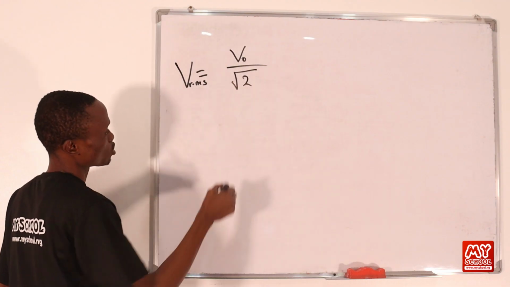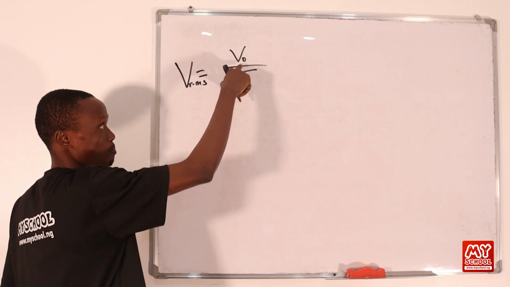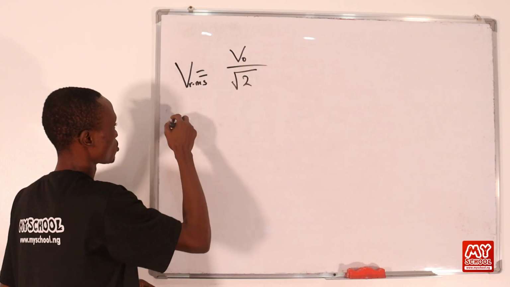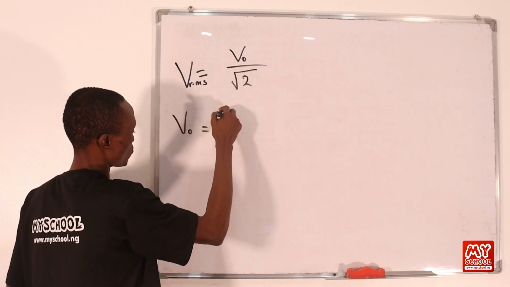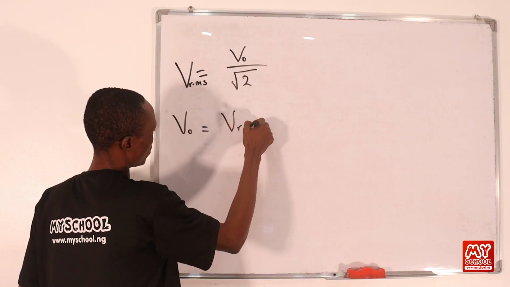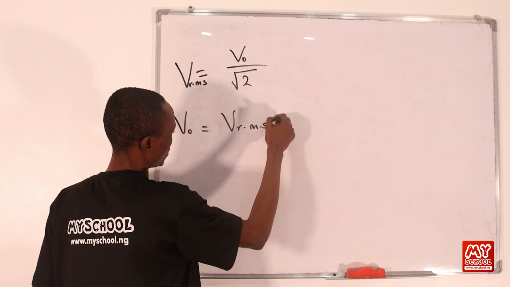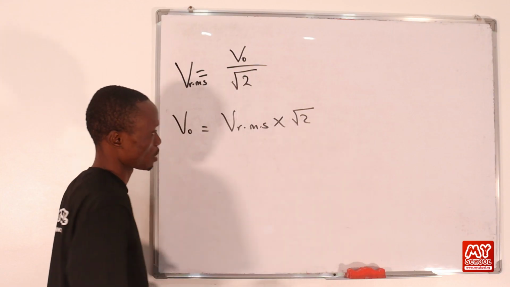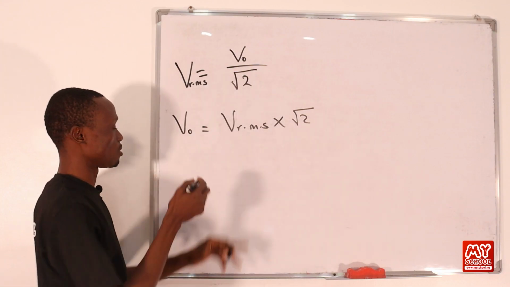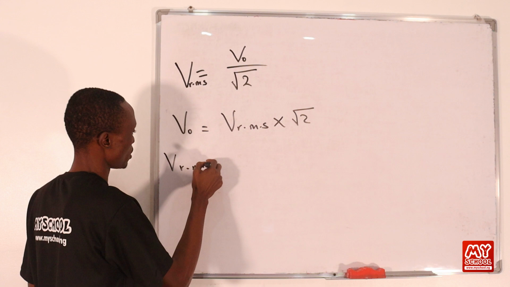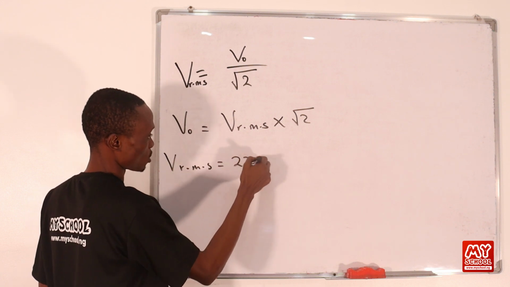So in this question, we are asked to calculate for V naught, which is the peak or maximum value of the voltage. So that V naught is equals to V r.m.s value of the voltage times root 2. So here we are given this V r.m.s value to be equals to 220, right?